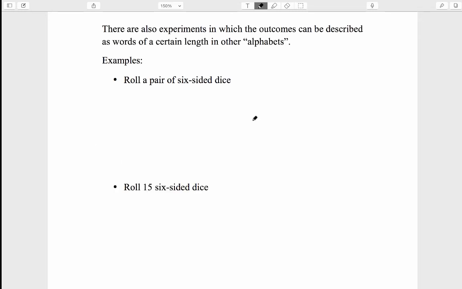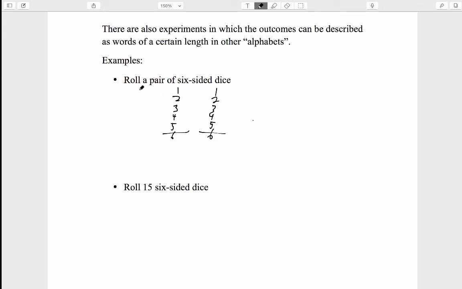As we saw earlier when we were talking about rolling dice, there are experiments in which the outcomes can be described as quote-unquote words of a certain length in other quote-unquote alphabets, especially if it's an alphabet of numbers. Thus, if you roll a pair of 6-sided dice, and you're willing to regard numbers as playing the role of letters, then the outcomes can be represented as 2-letter words drawn from a 6-letter alphabet.